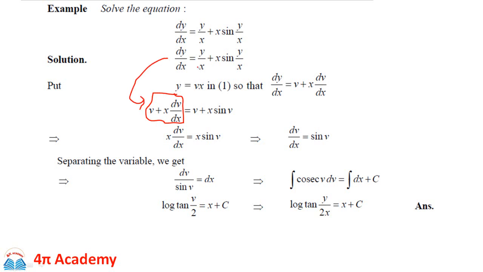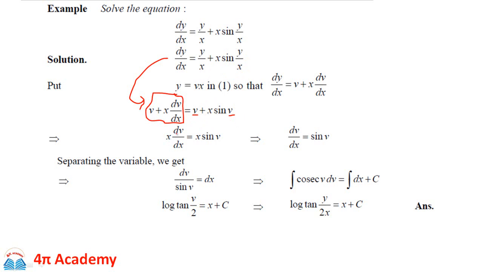So this will be equal to, since y is equal to v into x, for y we substitute v into x, so this x in the numerator and denominator cancels off, and we remain only with v, then plus sine, again y is x into v divided by x, so x gets cancelled, and we remain with v. So this will be v plus x dv by dx, and it is equal to v plus sine v.